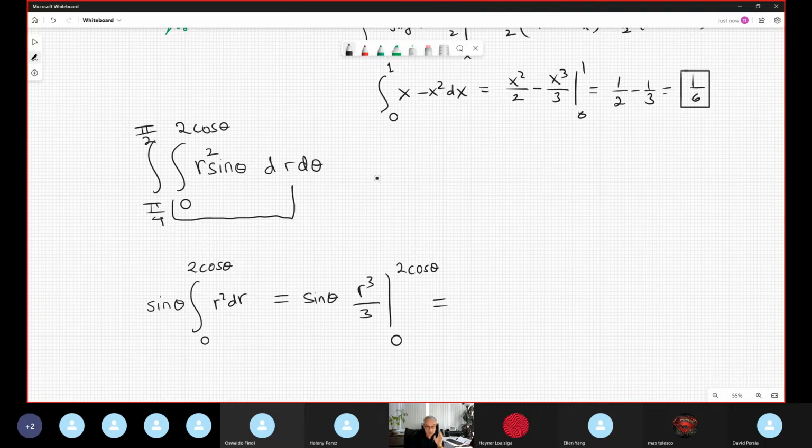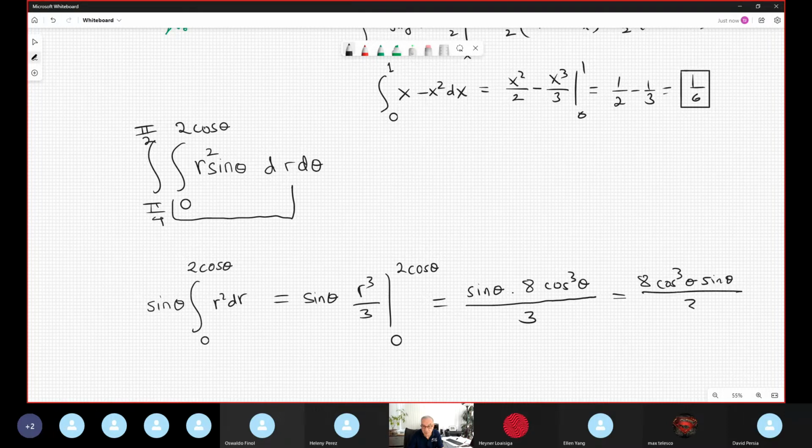Plugging in 0 gives 0, but with 2 cosine theta, 2 cubed is 8, so we get 8 cosine cubed theta sine theta divided by 3.